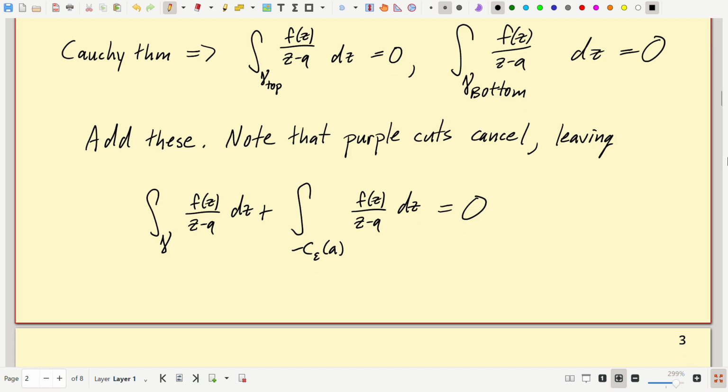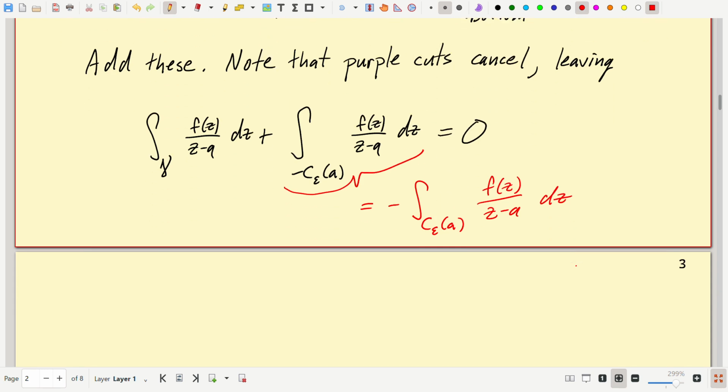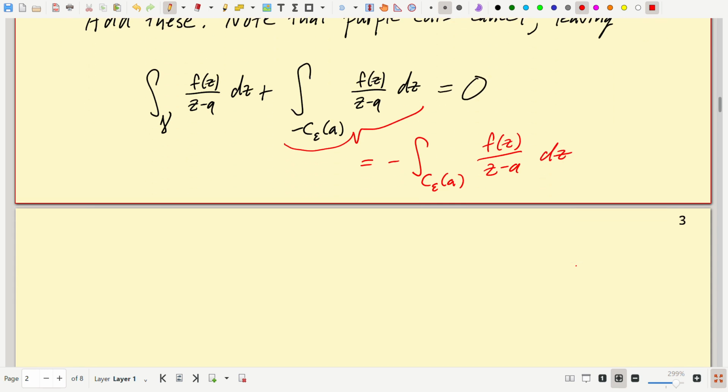Okay. And this thing, let's see, what is this? This is going to be minus the integral around c sub epsilon of a of f of z over z minus a dz. So when I put it on the other side of the equality sign, it'll be a plus that.